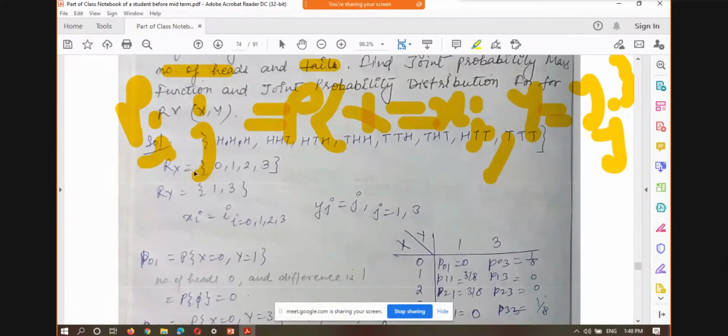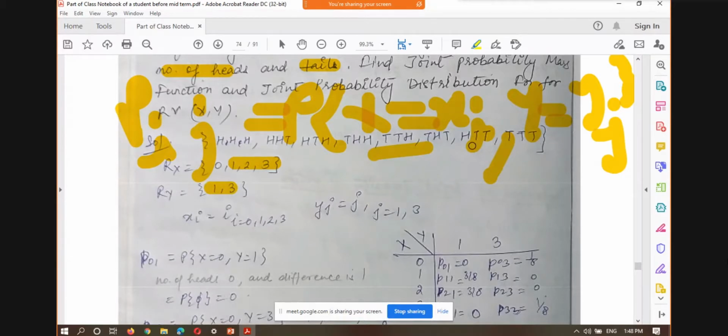So pij is the way of writing the joint probability mass function for the two discrete random variables x and y. If I write pij somewhere, I mean the probability that x equals xi and y equals yj. And the xi are any value from this Rx, and yj is any value from Ry.